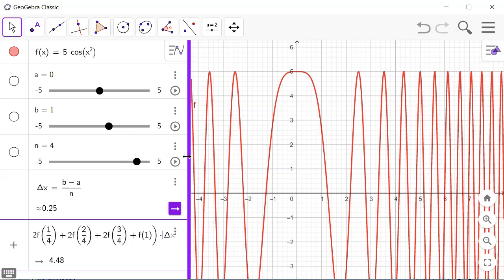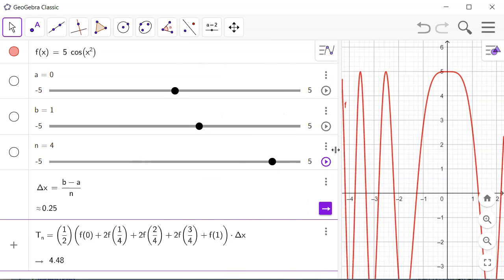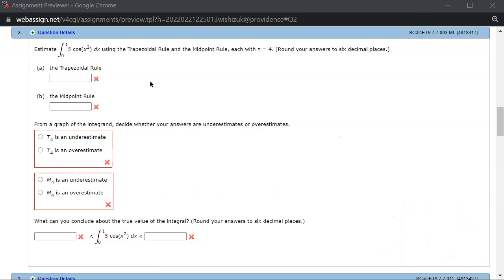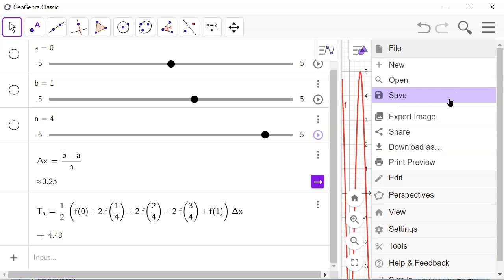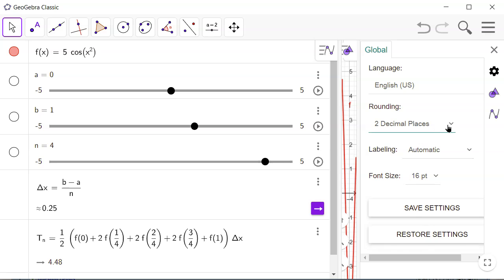Maybe I'll make it a little bit bigger here. The value is here. We need 6 decimal places, so we definitely have to change this. Go here, go to settings, and here it's 2 decimal places.